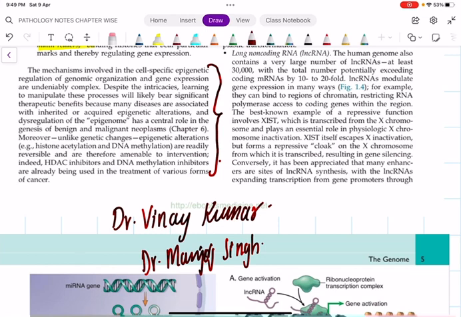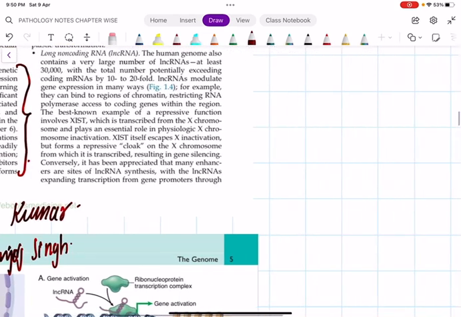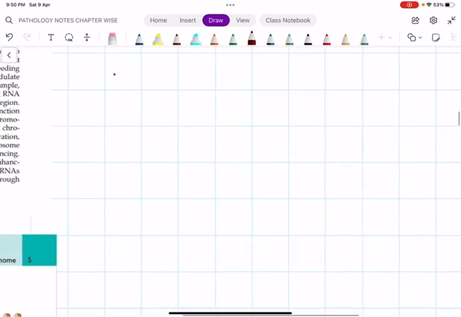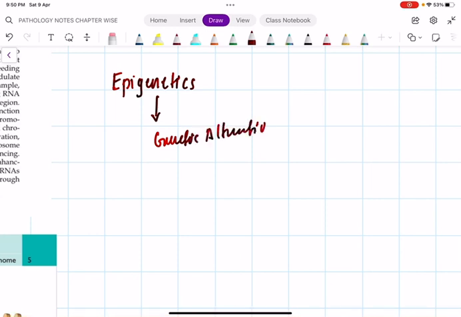See, in this paragraph, what the author wants to tell is something called epigenetics. What is epigenetics? Okay, my next concept is epigenetics. Epigenetics means genetic alterations without any alterations in DNA.